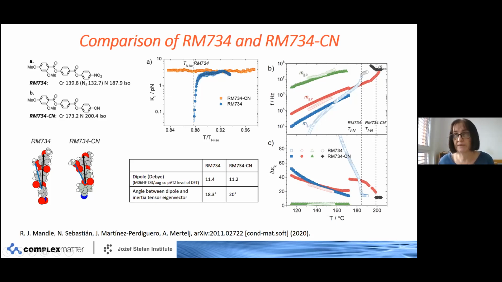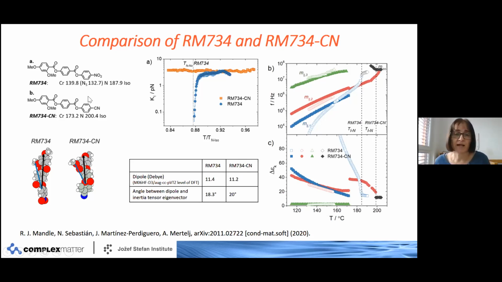On the other hand, the electric spectra at high temperatures of both materials are very similar, which is expected because both molecules have more or less the same dipole moment, 11.4 and 11.2 for RM734 and its cyano counterpart respectively, and in both the angle between the dipole and the molecular long axis is around 20 degrees.